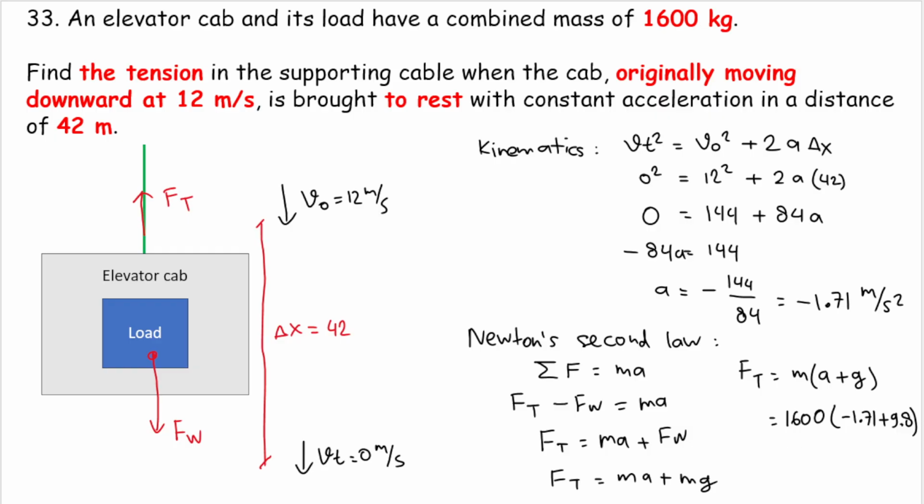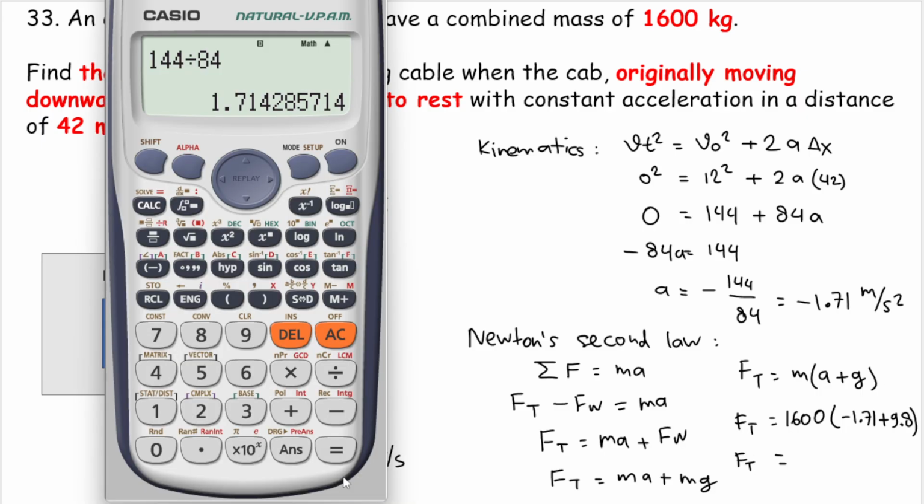Good. Now I think there is nothing that we can do except plug this into the calculator. This will be our tension of the cable. So I will have 1600 multiplied by minus 1.71 plus 9.8, and I will have 12,944.